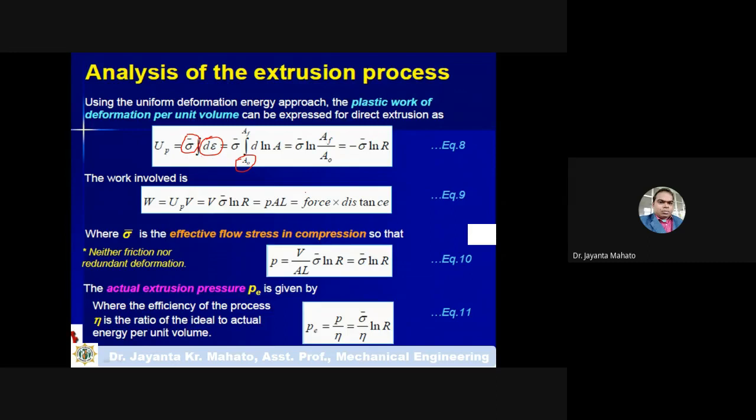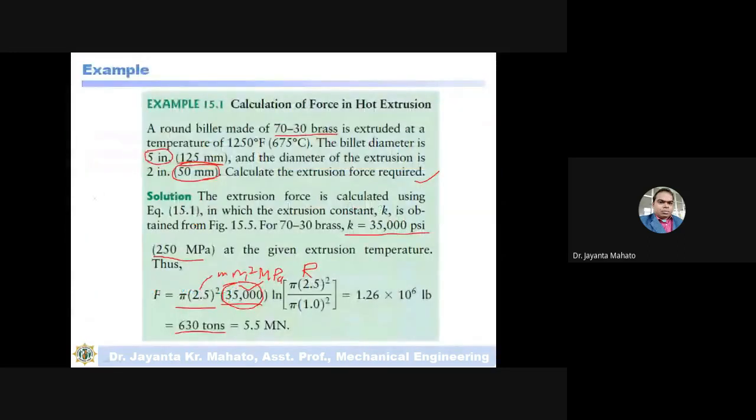Suppose you are just taking a strip from a procession here, like this.